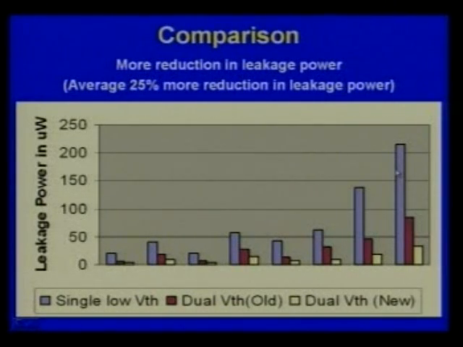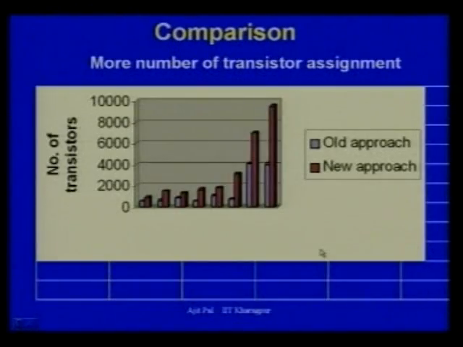So here we see we don't compromise the performance, because we are not exceeding the delay of the critical path. Only the delay of the gates on the non-critical paths is increased by assigning high VT, and as a consequence we are able to reduce the leakage power.